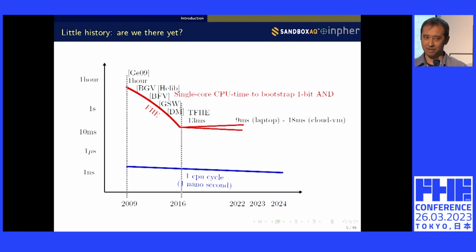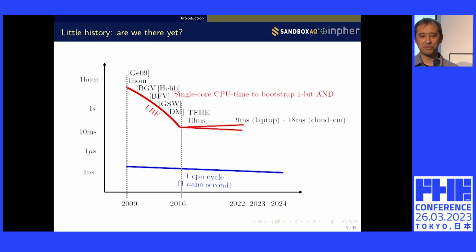If we stick to CPU implementation, of course there are still algorithmic progress if you have many bits to bootstrap at once, or if you want to do bootstrapping for arithmetic at a high level, like the talks we had in the first session. But if the problem is really to evaluate one single NAND gate and take the latency, well, the algorithm didn't evolve. It just followed Moore's law, more slowly. So it means that on a laptop between 2016 and 2022, the running time of the gate continues decreasing.